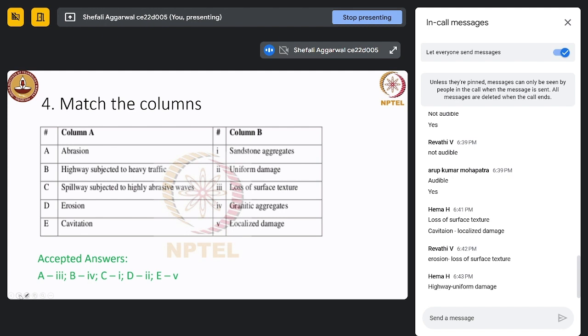Okay, so you are telling erosion causes loss of surface texture. Erosion and abrasion have a main difference: with abrasion the complete surface will be removed. With erosion, only the point where the pressure is applied will be removed. So it won't cause complete surface texture removal.